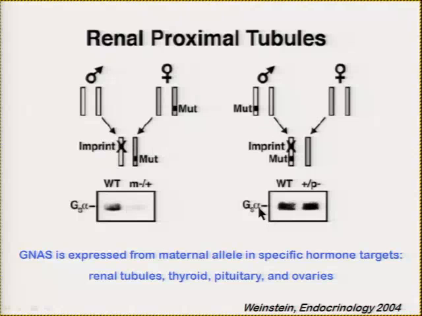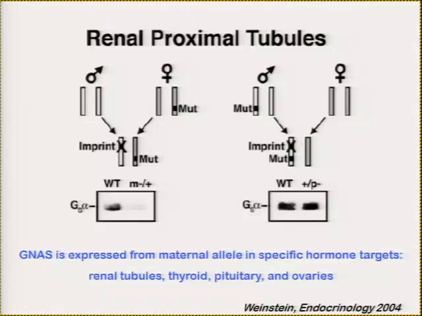So GNAS is expressed from the maternal allele in renal tubules and the thyroid, pituitary, and ovaries, and the pseudohypopara phenotype can be very different between families because of the way that it's expressed in these other glands. Now, GNAS, because it is the G protein that binds a lot of 7-pass receptors, can have effects on TSH signaling, ACTH signaling, epinephrine signaling, norepinephrine signaling.